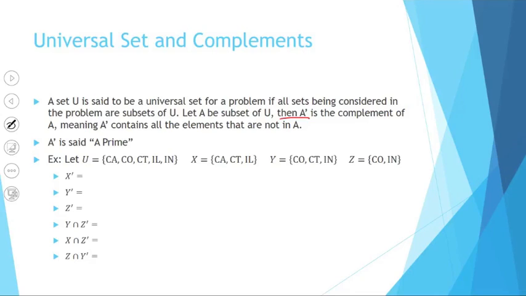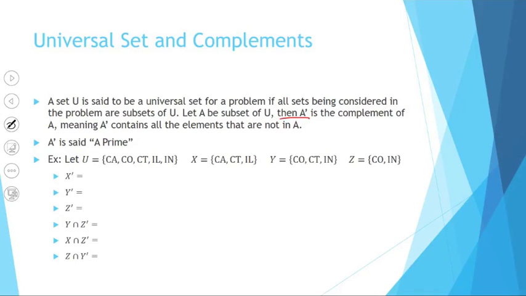So if A is the set of all guys in my classroom, then set A prime is all the girls in my classroom. It's everybody but those people, okay? And another example, if I said A was a set of people in the front row, A prime would be everybody who is not in the front row. So A prime is just the opposite, or everybody else who's not in that subset.